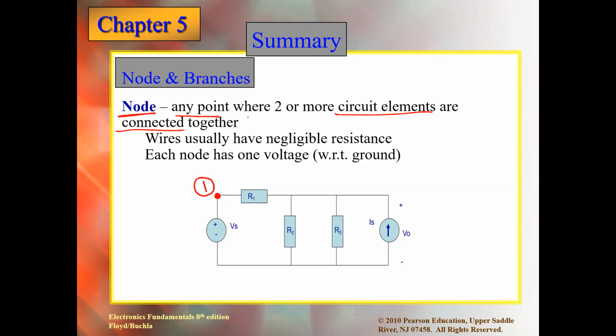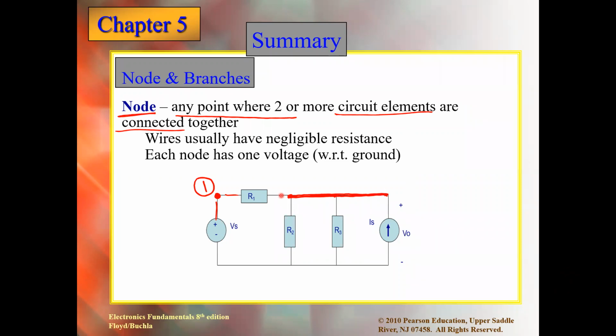Because it is any point where 2 or more elements meet, and here 2 elements are meeting, this one and this one. What about the next? Between R1 and R2. You will say this one is a node, this one is a node. No, just the first one. This is a complete node, from here to here.